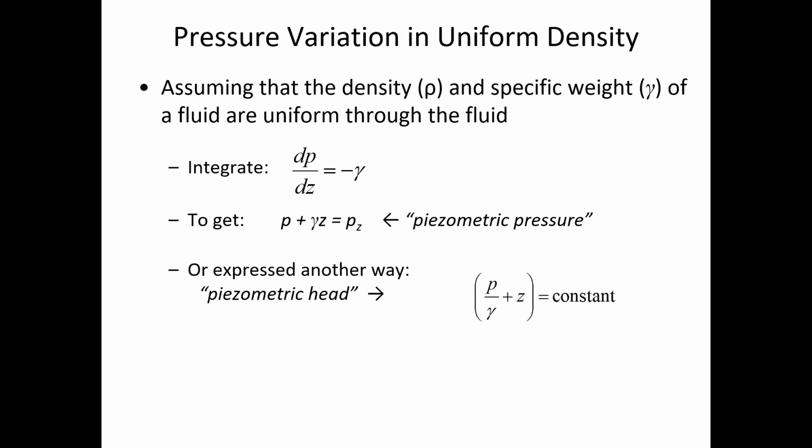Between 2 points in a static fluid that's not moving, the piezometric pressure and the piezometric head are the same. So P sub Z1 equals P sub Z2, and also P1 divided by gamma plus Z1 is equal to P2 divided by gamma plus Z2.